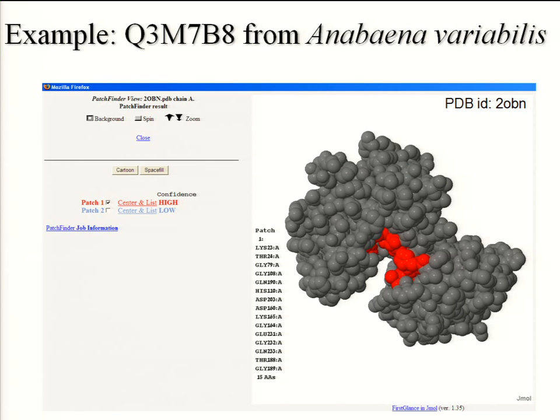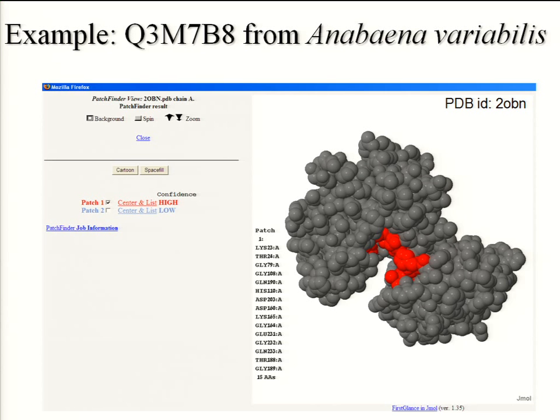This is the presumed functional region of this protein. This is the maximum likelihood of the protein. We actually give confidence to the prediction based on the degree of conservation and the size of the patch. And in this case, you can see that there is high confidence in the fact that this is a functional region.